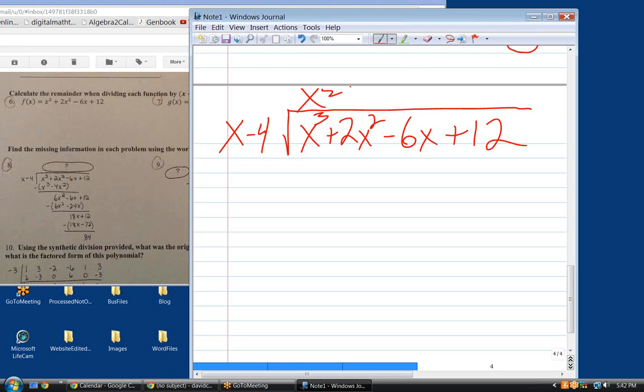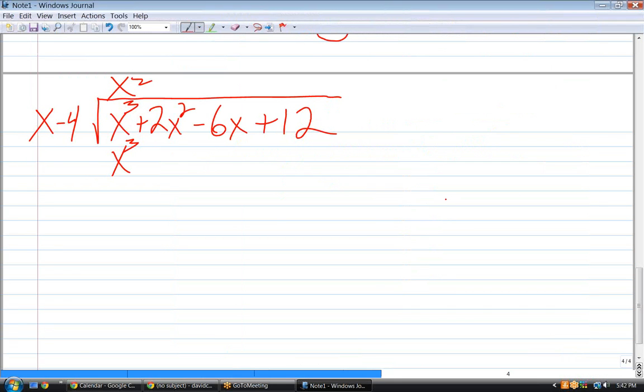So x squared. Now what? Minus 6x. Hold on. Let's go through the long division of it. In other words, tell me what I need to write right here. X squared, or cubed. Minus 4x squared.